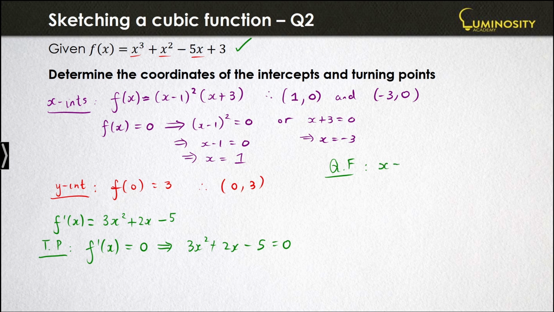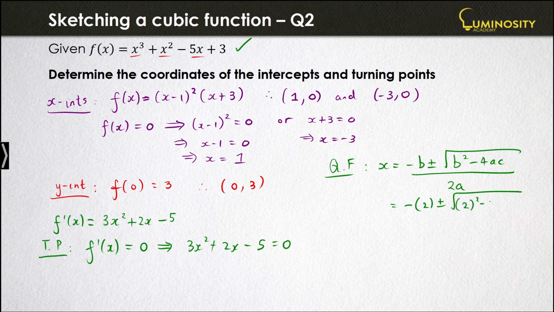So that's x equals minus b plus or minus the square root of the discriminant term, b squared minus 4ac, all over 2a. Right? Okay, so b is positive 2, so it's negative 2, plus or minus the square root of 2 squared minus, a is 3, so 4 times 3, and c is negative 5. All over 2 times a, which is 3.